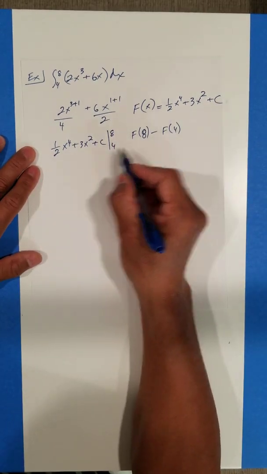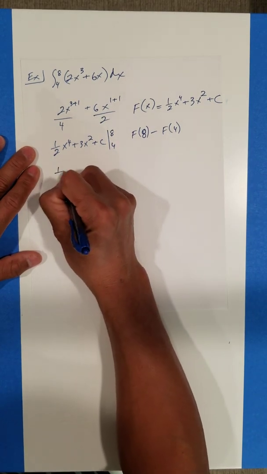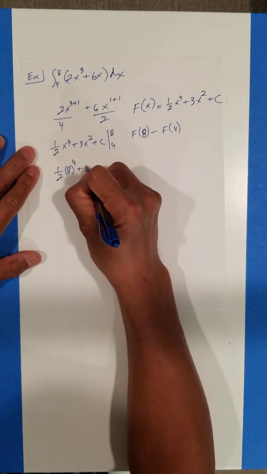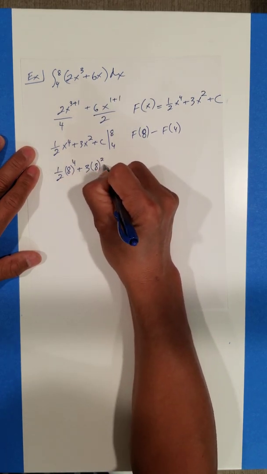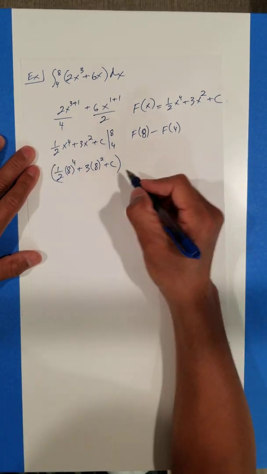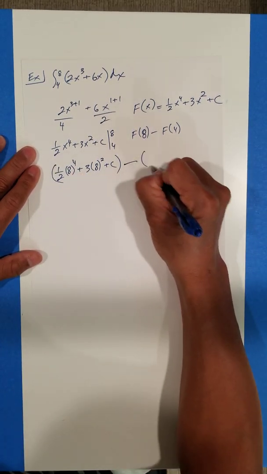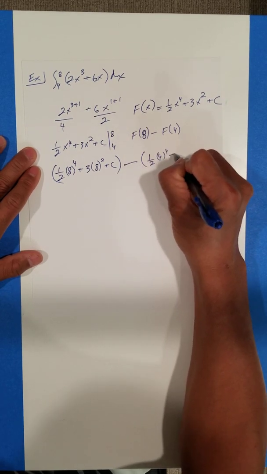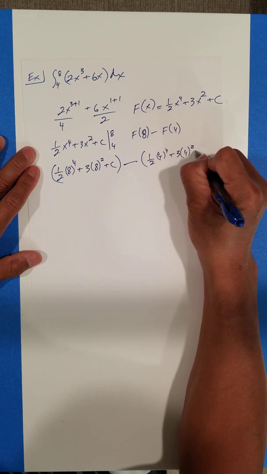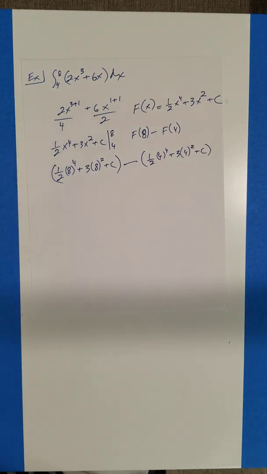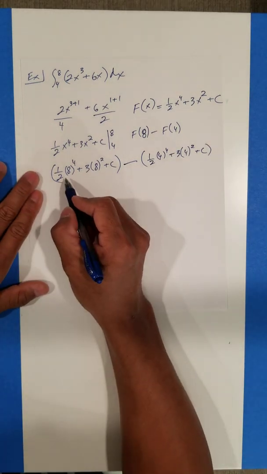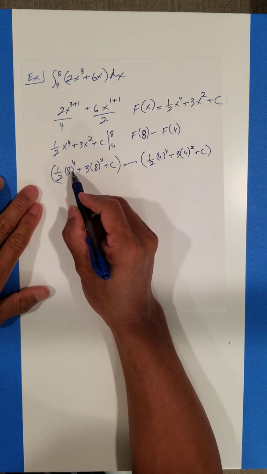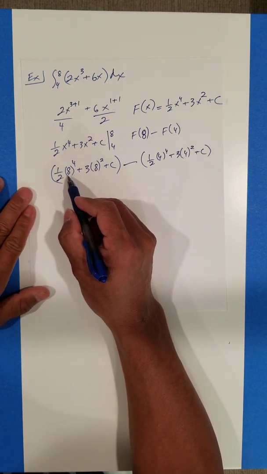All right, let's plug in 8 and then plug in 4. So 1/2 times 8 to the 4th power plus 3 times 8 squared plus c, minus 1/2 times 4 to the 4th plus 3 times 4 squared plus c. Now your job is to figure out what is 1/2 of 8 to the 4th.